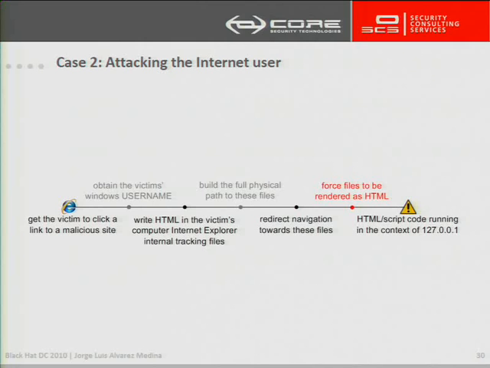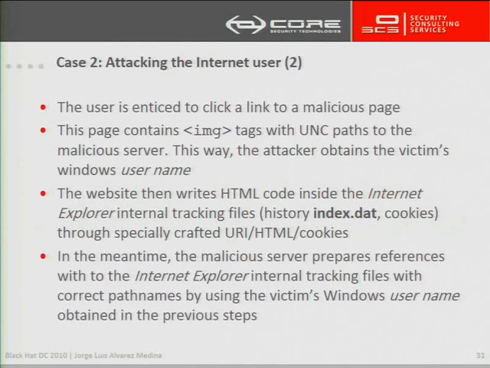Well, the most general approach is a bit more complicated to carry out, but it is easily understandable after seeing all of the things we have been discussing so far. Basically, an attacker just should entice a potential victim to click a link to a malicious website. This website has to contain an image tag with a UNC path to the malicious server, as we saw before.